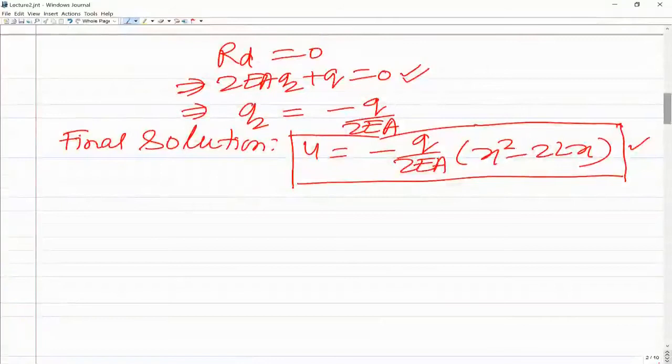But through this approach also, it is not always necessary that we will get the exact solution which will exactly satisfy the boundary conditions and differential equation, but in this case we are able to get that.